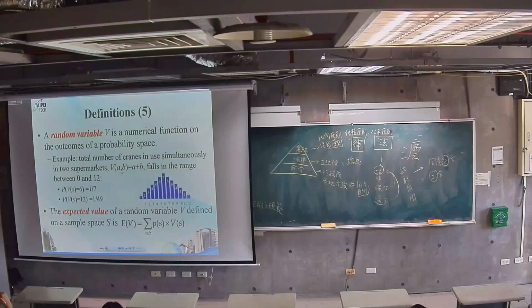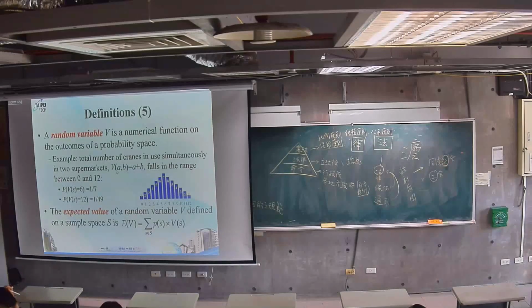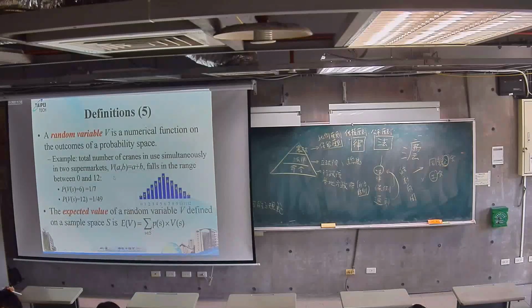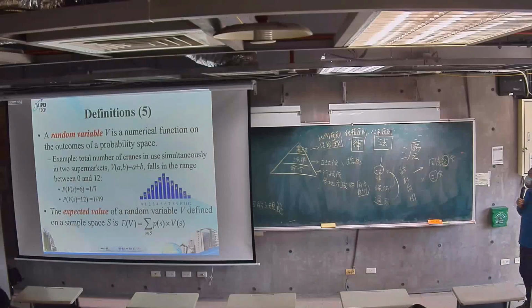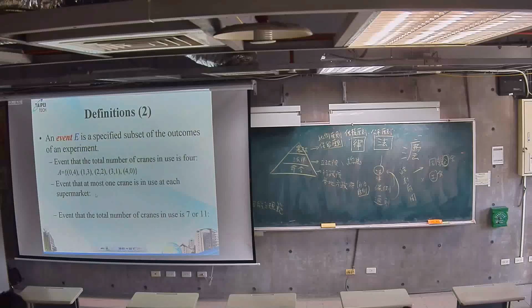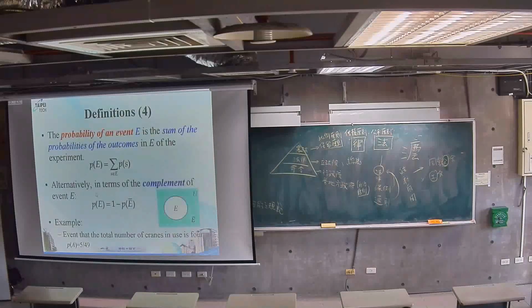So we can do the addition on the pairs, and we can define the random variable on this. For this kind of definition, for example, if we would like to count the total number of crayons in use is 6, let me check whether I have one or not.